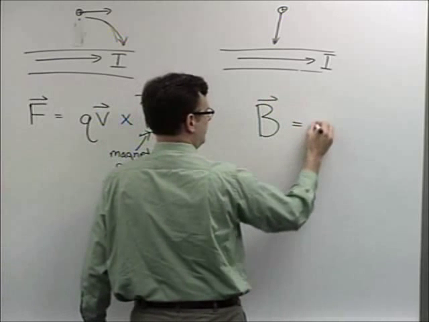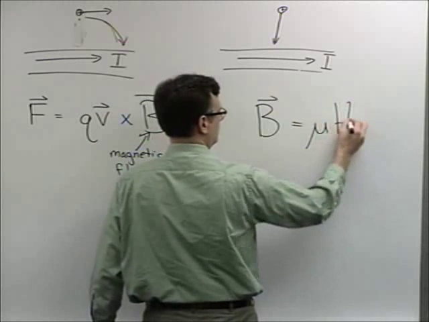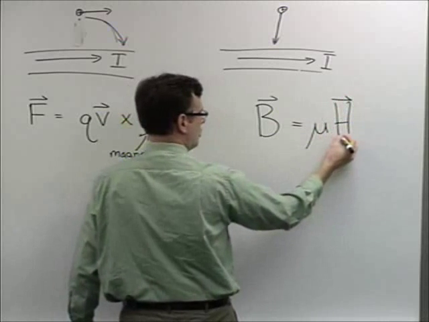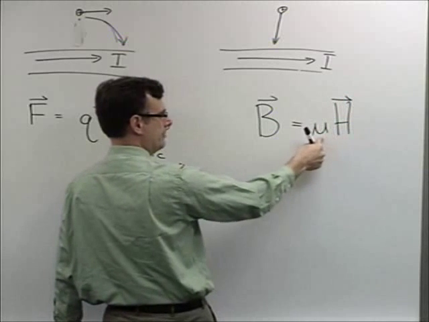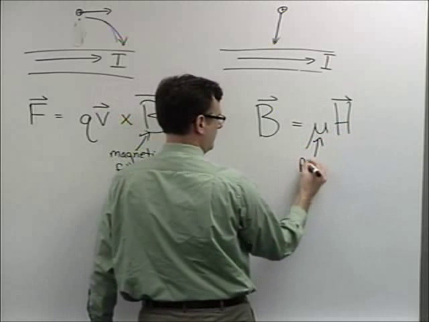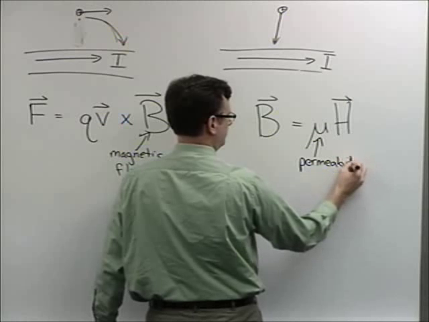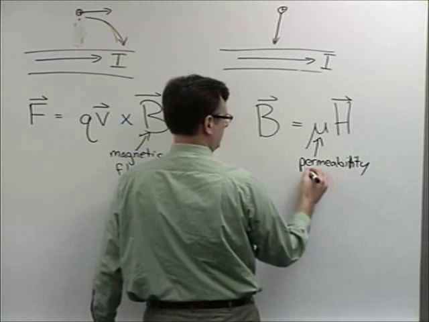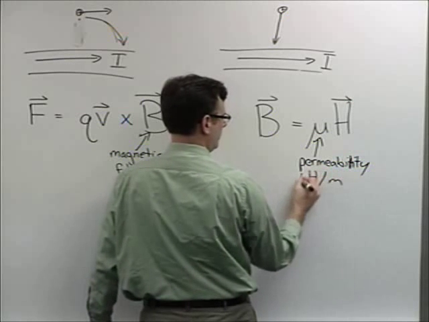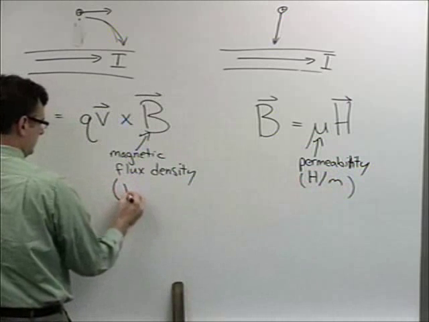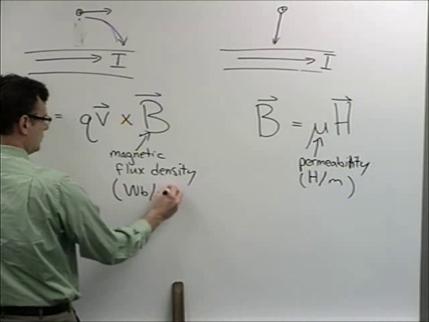And the H field is a quantity related via this permeability in Henrys per meter. B field is Webers per meter squared.